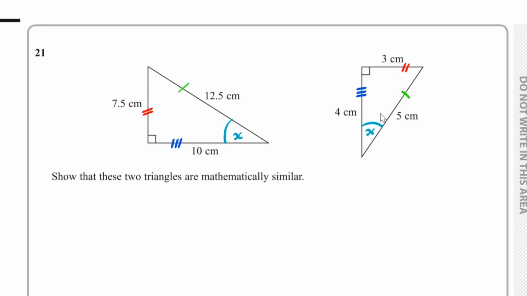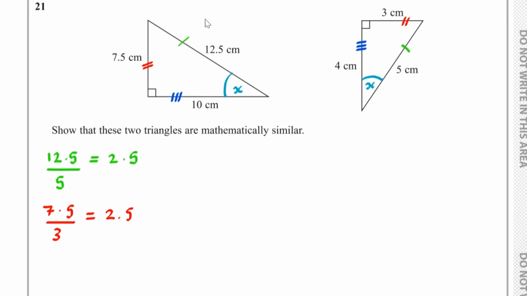And what we can do is find out the scale factor in each of those cases. So if we think about this 12.5 and this 5, we could do 12.5 divided by 5, which is 2.5. That's our scale factor for this length. And what we need to check is if it matches up with the others. Now if I consider the 7.5 and the 3, doing 7.5 divided by 3, we get 2.5.